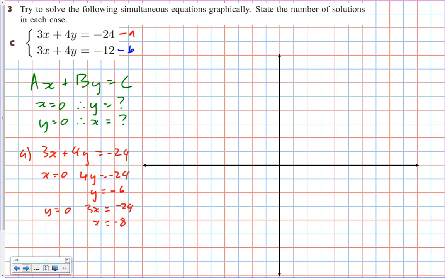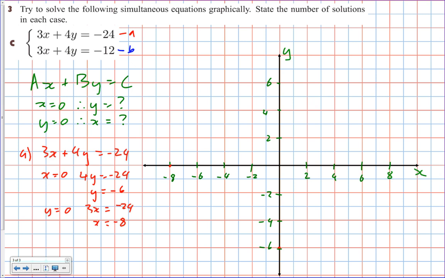So now on my graph, 2, 4, 6, 8 on the x-axis, negative 2, negative 4, negative 6, negative 8, and 2, 4, 6 on my y, negative 2, negative 4, negative 6. So my y is going to be negative 6, and my x is going to be negative 8. It's going to be those two points there.